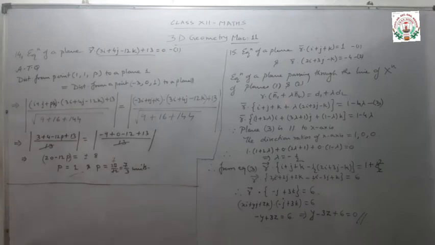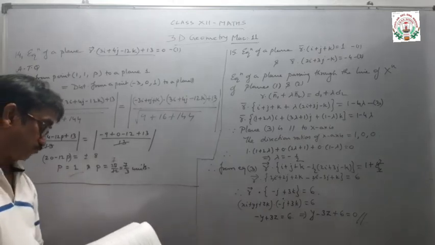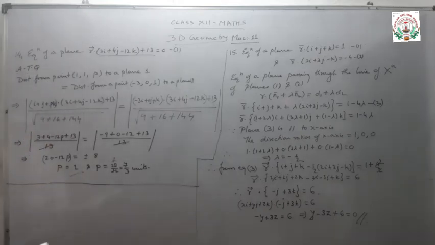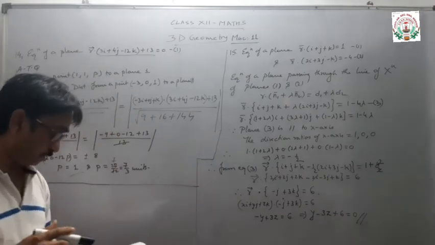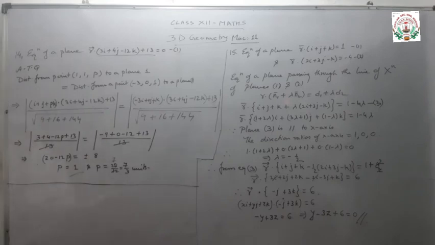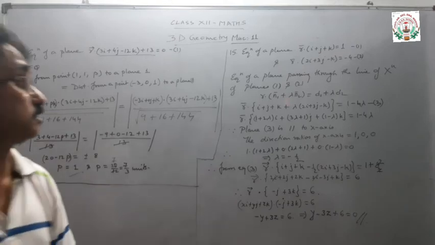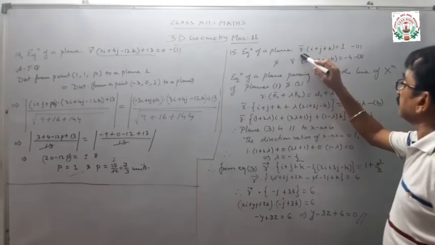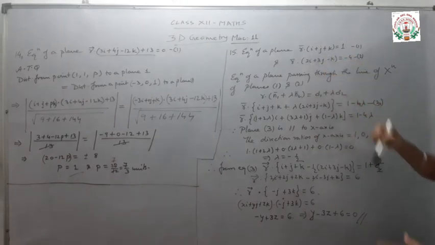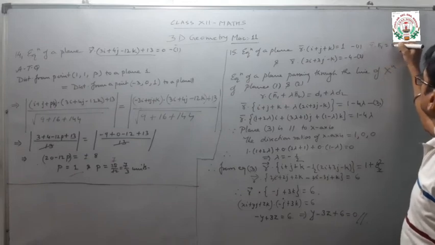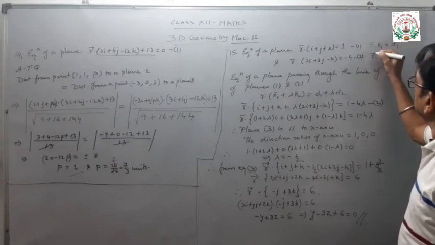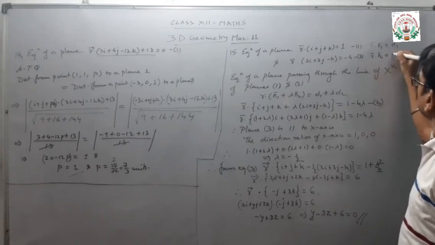Now question number 15 is: find the equation of the plane passing through the line of intersection of the planes r vector dot (i + j + k) = 1 and r vector dot (2i + 3j - k) + 4 = 0 and parallel to the x-axis. Now the first plane is of the form r vector dot n1 vector equals d1, and the second one is r vector dot n2 vector equals d2.